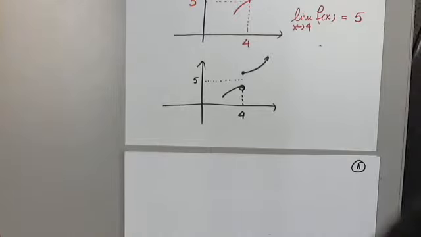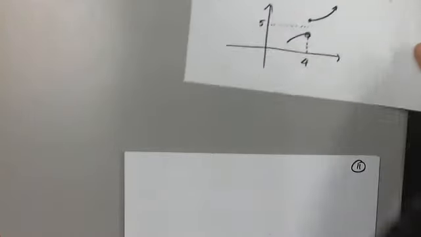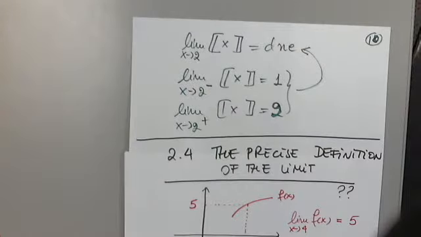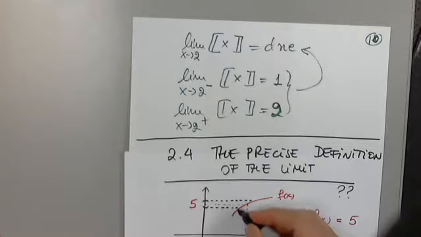It's because no matter how small of an interval I choose around 5, very tiny, no matter how small that interval is, I will always be able to find a corresponding interval.